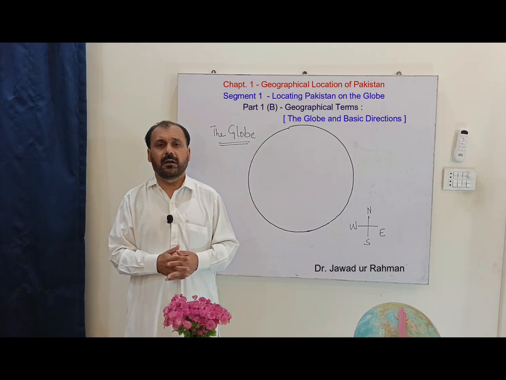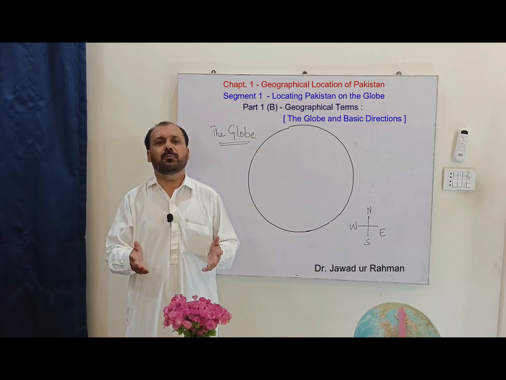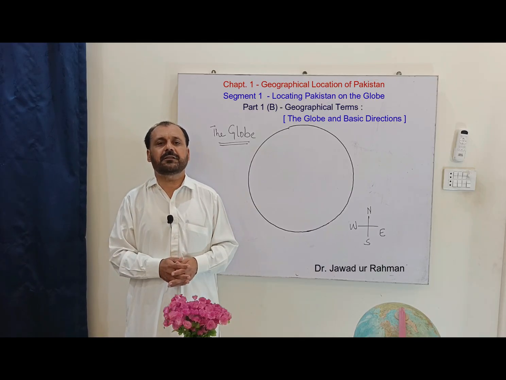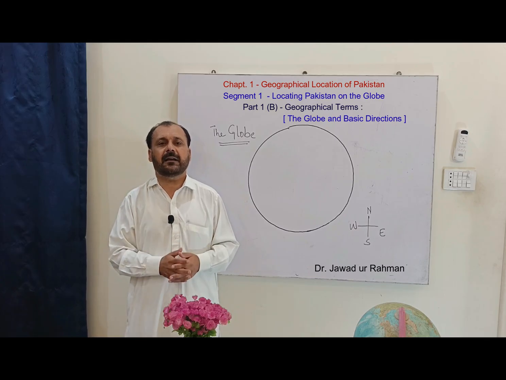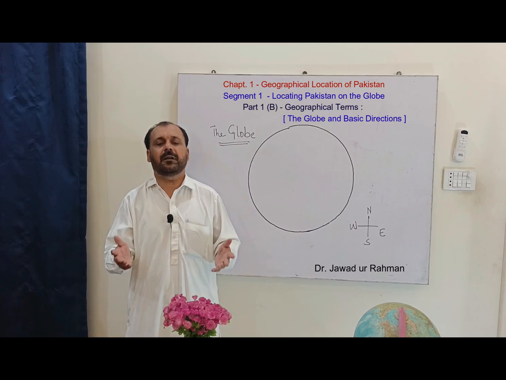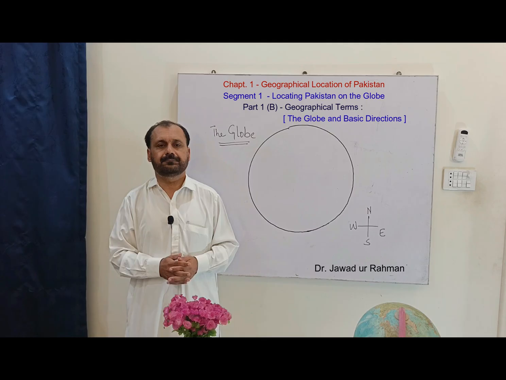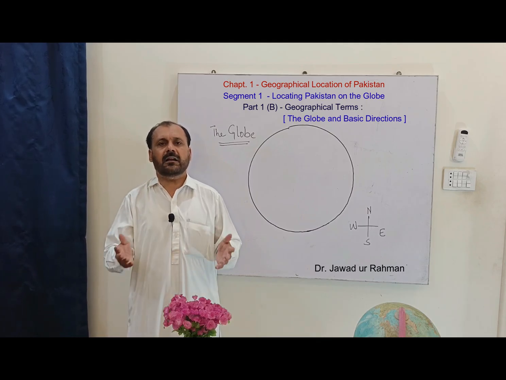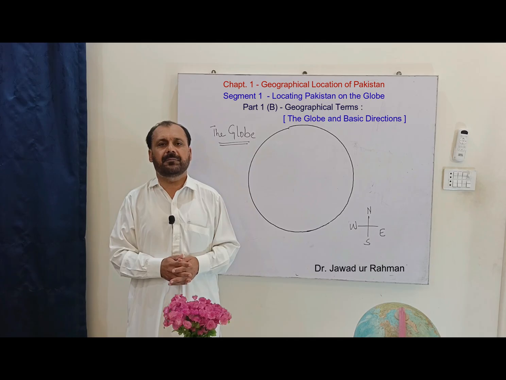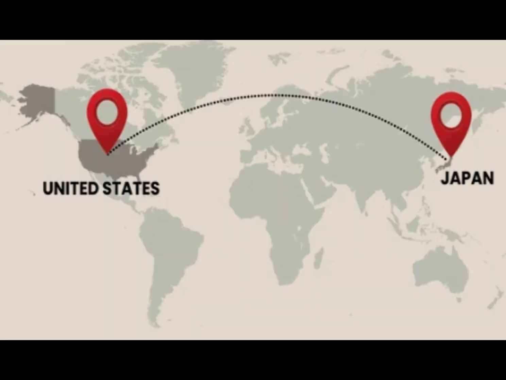On a globe, however, we get a more realistic representation of the relative size and position of different parts of the earth. There is another interesting example. On a conventional flat world map, Japan appears on the far eastern side of Asia, while the United States appears on the western side of North America.